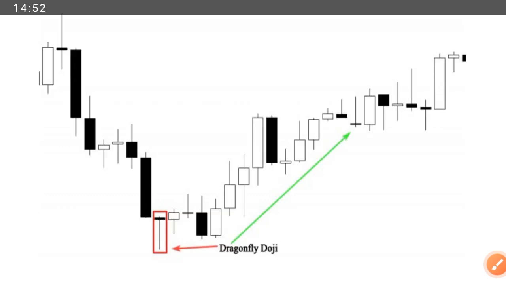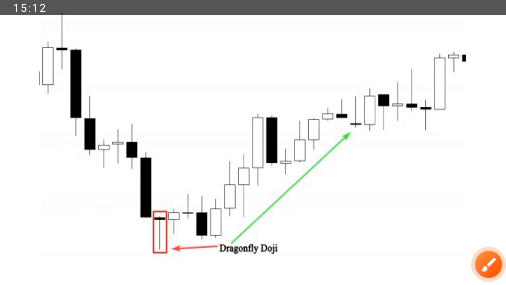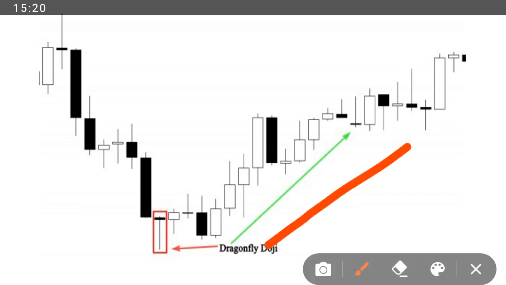Before this dragonfly happened, price was going down, went down to this place, and suddenly a dragonfly formed. Then price started going up. That was after a dragonfly formed.